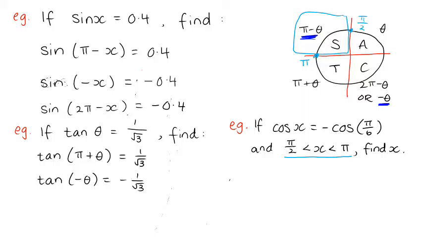Okay, so what we say is if our original x value was somewhere in the first quadrant, to find negative cosine pi on 6, we did pi minus our original angle, and that gave us this new angle. In the previous questions here, we were never actually given the angle.